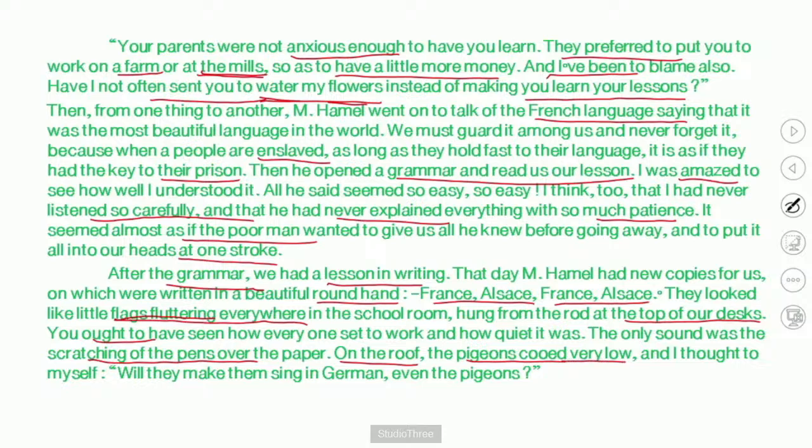Means they also noticed that something new, or a bad thing, is happening today, and that is why I thought to myself, will they make them sing in German, even the pigeons? Means even that day the pigeons are also singing in German, and that is only for their master.